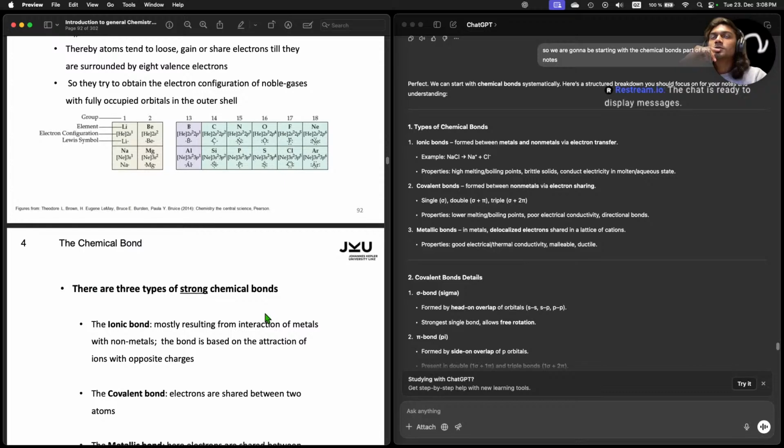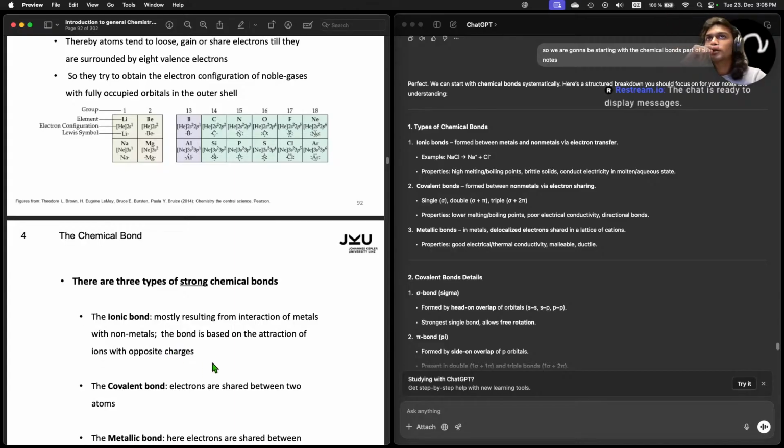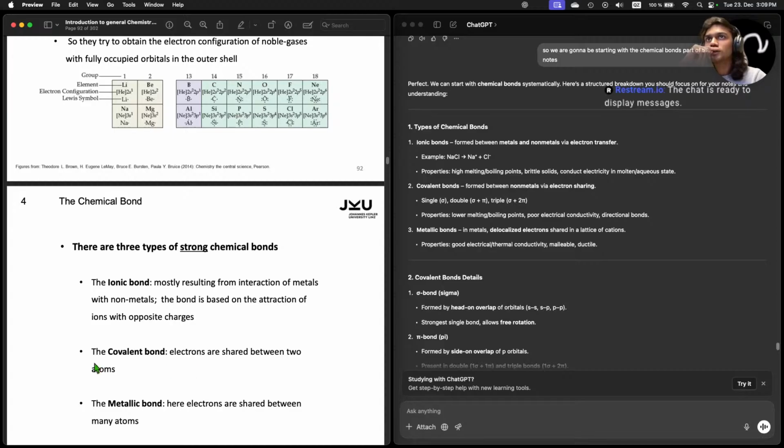There are three types of strong chemical bonds: the ionic bond, mostly resulting from interaction of metals with nonmetals. That's the ionic bond, okay. The bonds are based on attraction of ions with opposite charges.